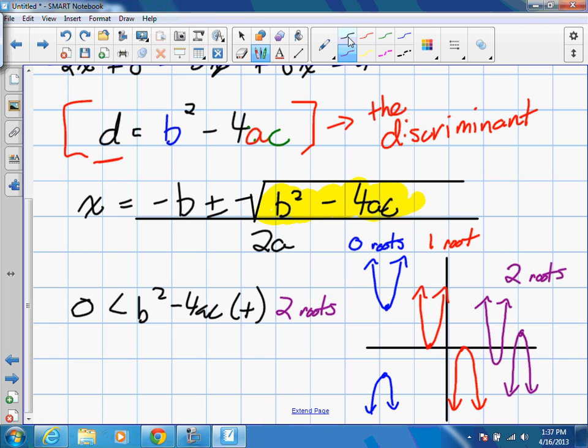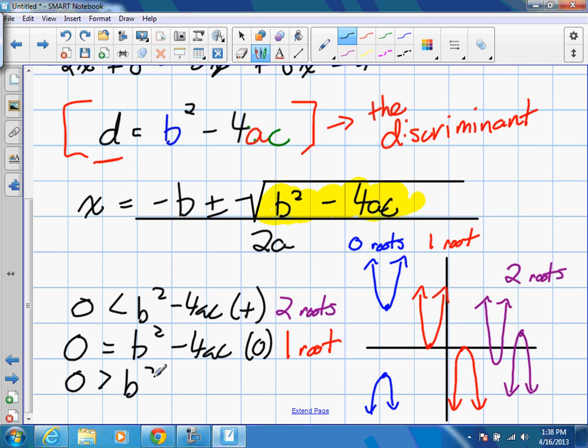If our discriminant is equal to 0, so b squared minus 4ac is equal to 0, we will have one root. And if our discriminant is less than 0, which is known as a negative value, we will have zero roots, or zero x-intercepts in this specific case. Okay? So this is the general information we need.